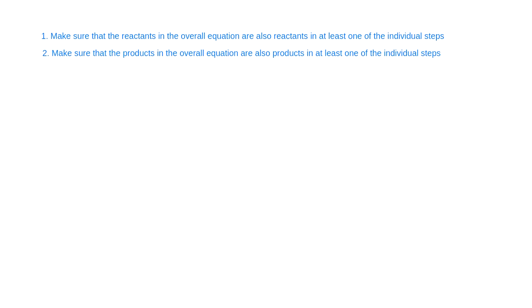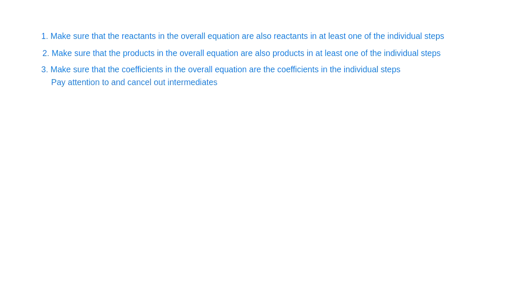in the overall equation are the coefficients in the individual steps. But along with that process, we have to pay attention to and cancel out intermediates. What is an intermediate?